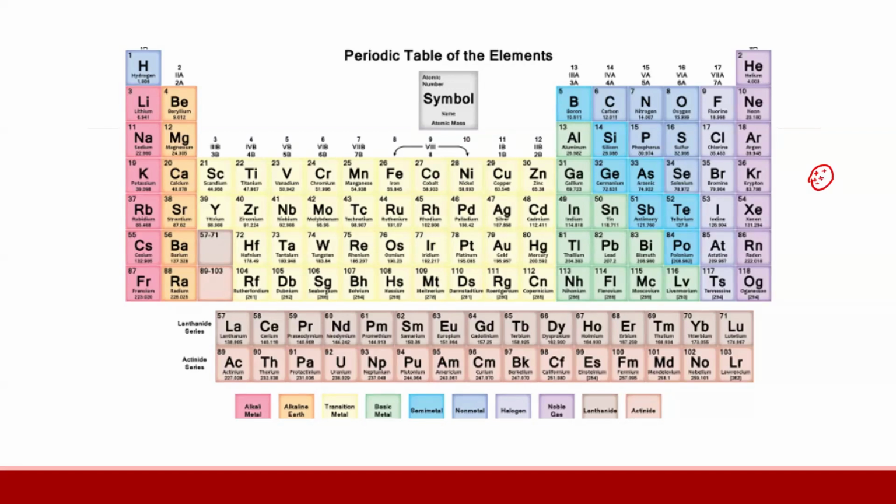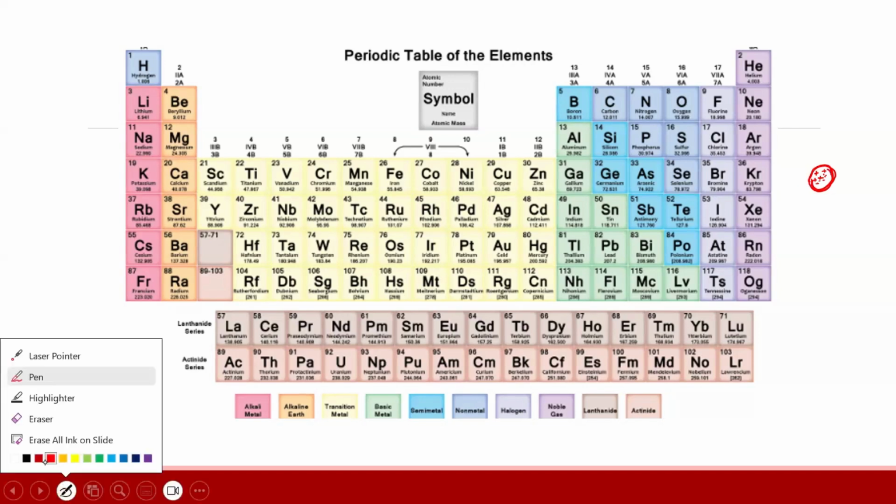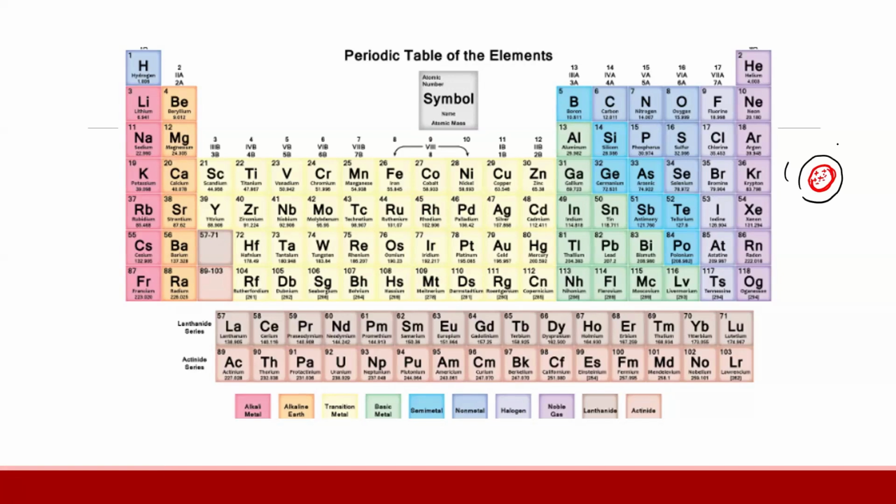Neutrons don't have a charge, but they have a mass. So the neutrons and the protons, the positively charged ones, stay in the nucleus. And then the electrons will orbit around the nucleus. So we have electrons, protons, and neutrons in an atom.